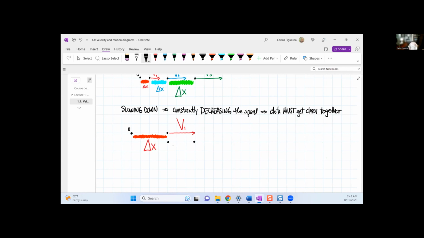And the second set of dots, so if this is 1, this is also 1. Now this is 2 here. And you could see here that this distance here is smaller than from 0 to 1. So now what you're seeing here is that this distance is smaller. Therefore, this speed must be lower.